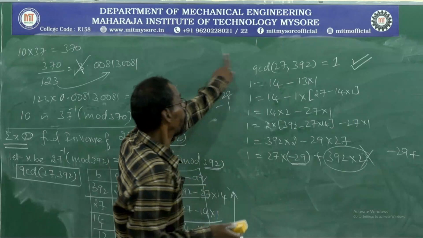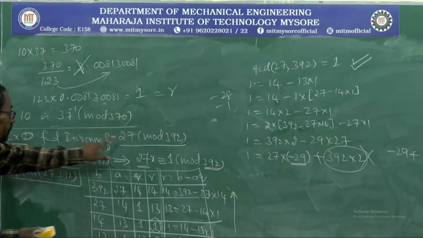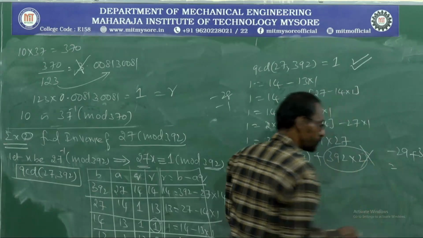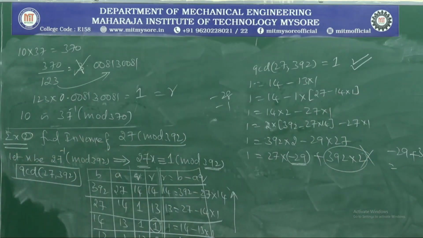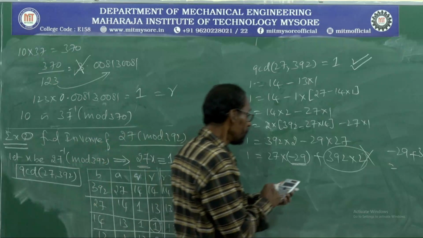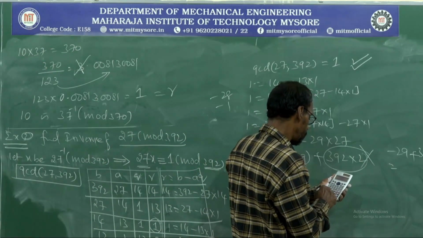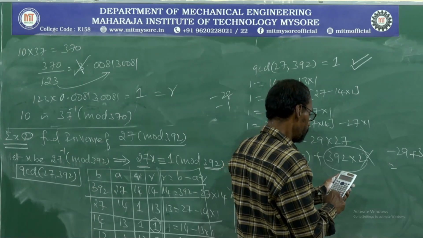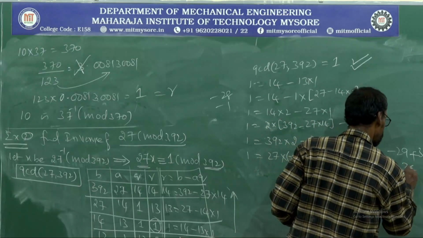Minus 29. What is the modular value? The modular value is 392. Add 392 to this. If you are using a calculator, minus 29 plus 392, the answer will be 363.